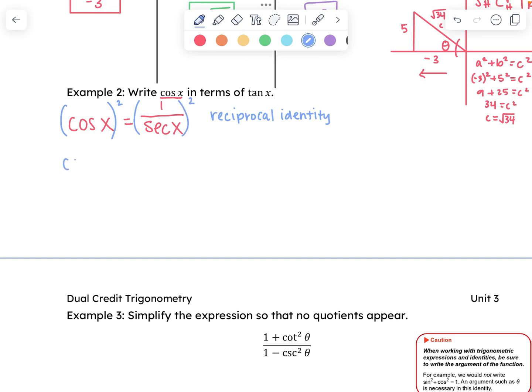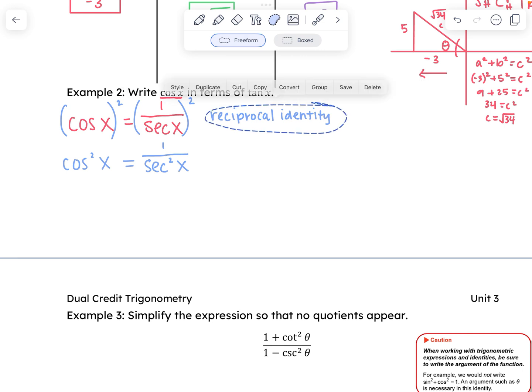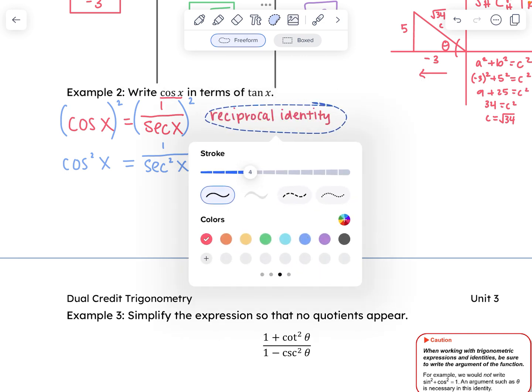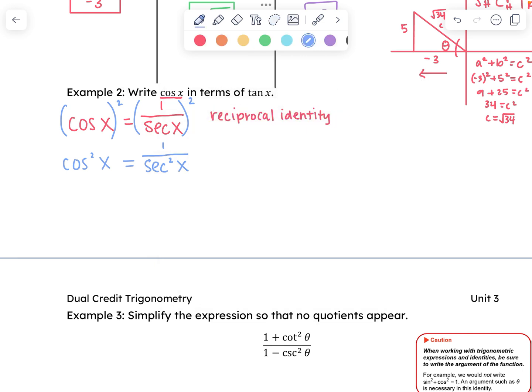That's going to give me cosine squared x is equal to 1 over secant squared x. Let's make this reciprocal identity match the color. And then we'll say that we just squared both sides.